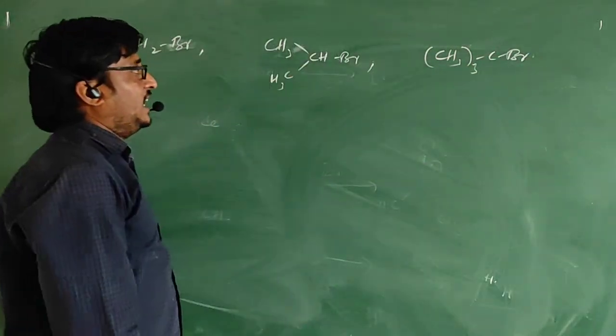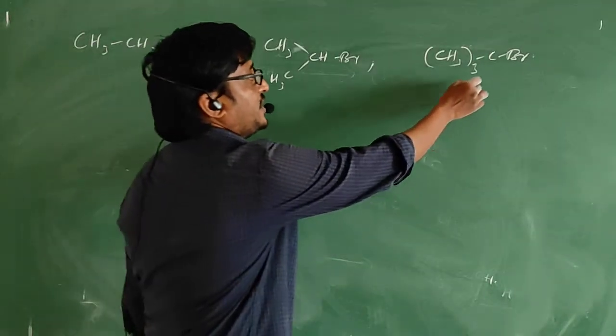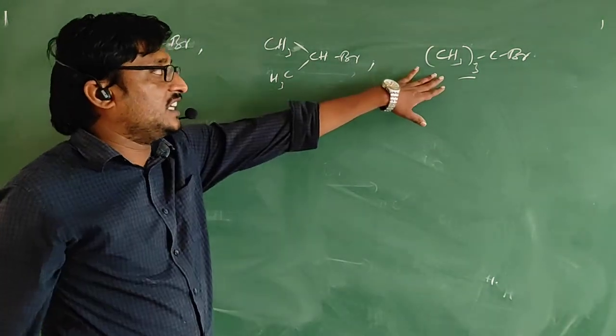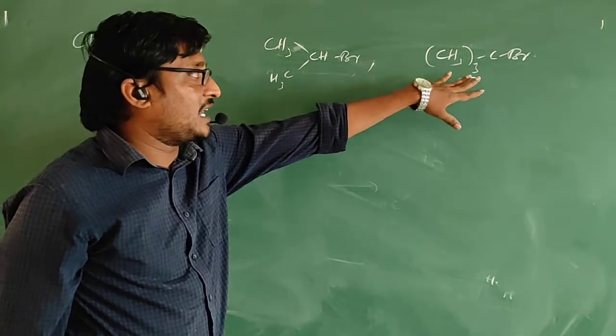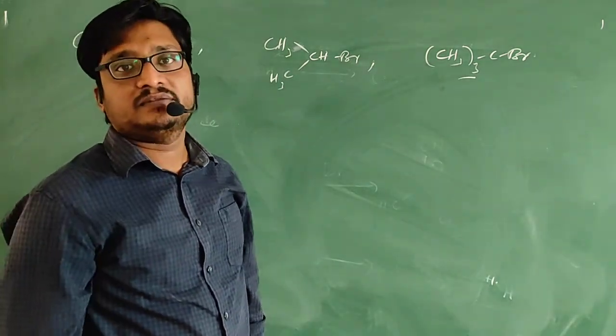Among these three, the carbocation formed from the tertiary one will be more stable, because since there are three alkyl groups present here, they can donate electrons to the carbon having the positive charge, so the positive charge gets nullified.